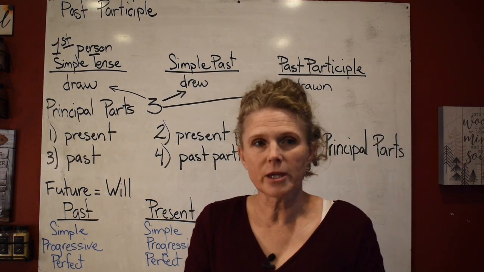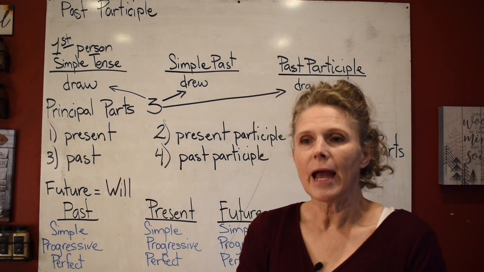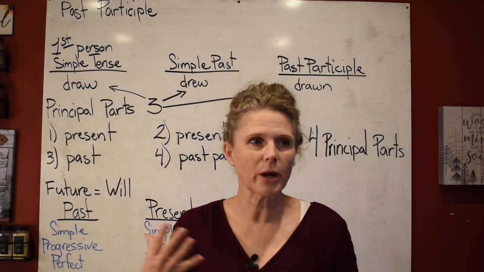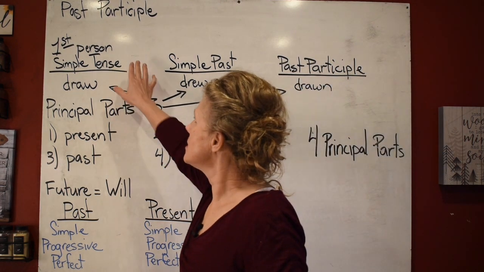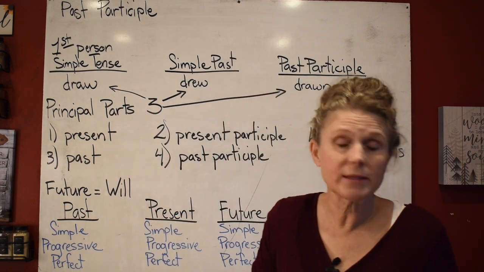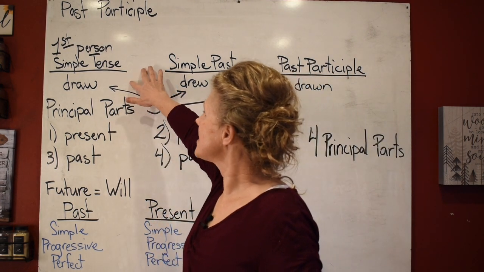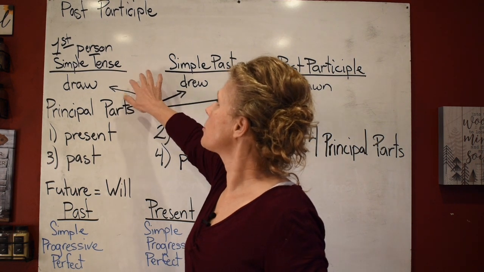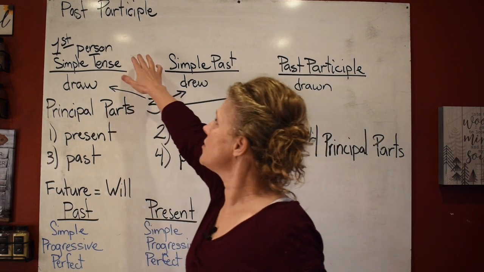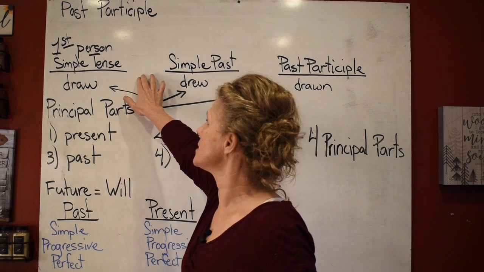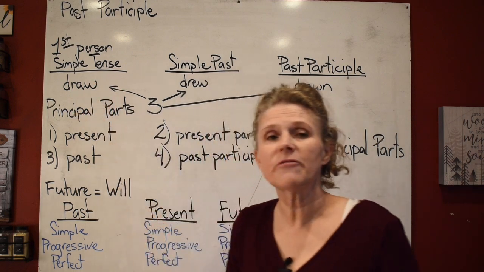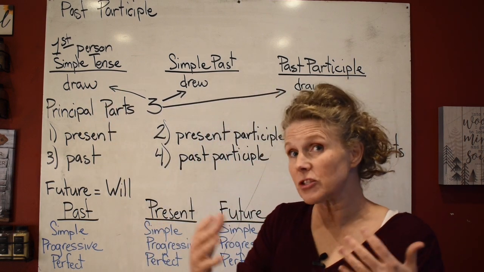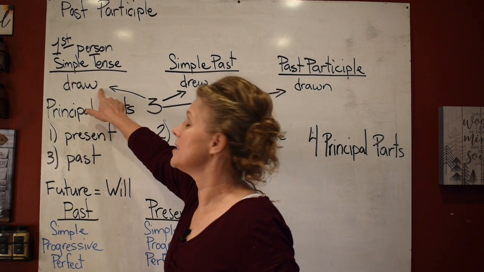When you're looking into a dictionary and you're trying to understand your irregular verbs, you're going to get your simple tense. Some people might say your present tense, your simple present tense, but no matter what, this is first person simple present of draw, okay? And it has to be first person because if it's third person, it's going to have the S on here.